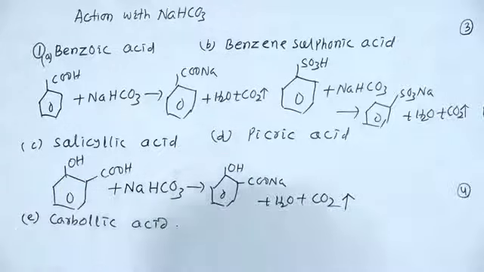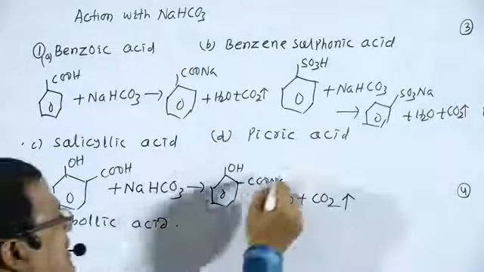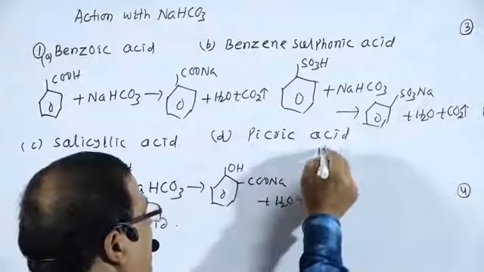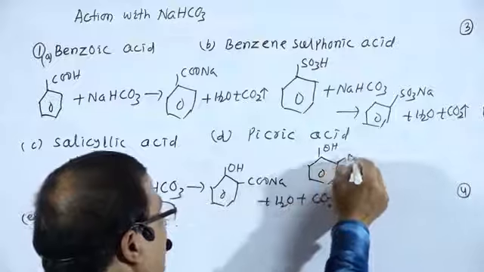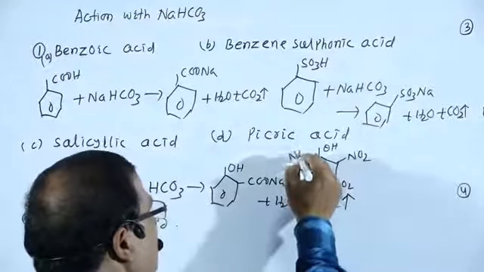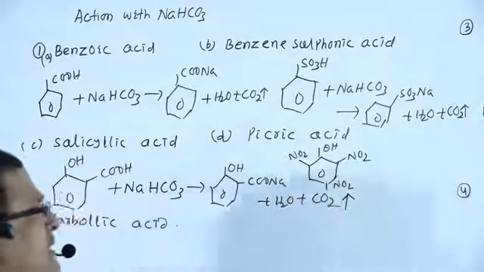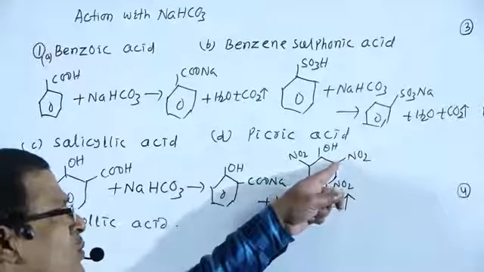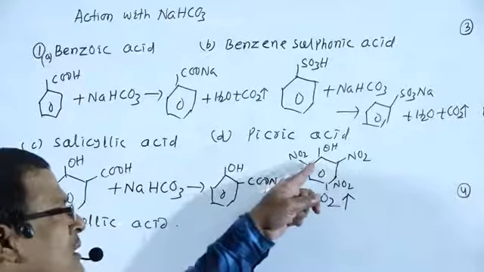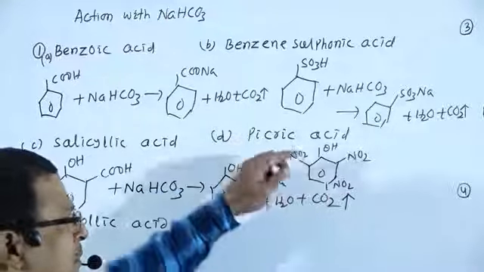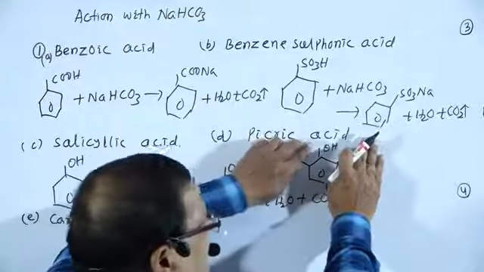Next, let us explain picric acid. What is the formula for picric acid? Benzene that contains OH and NO2, with three NO2 groups at positions 2, 4, 6. We have to number from this carbon atom. If all these groups are not there, then that is treated as phenol.